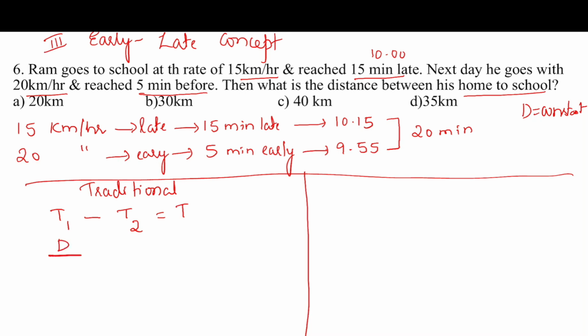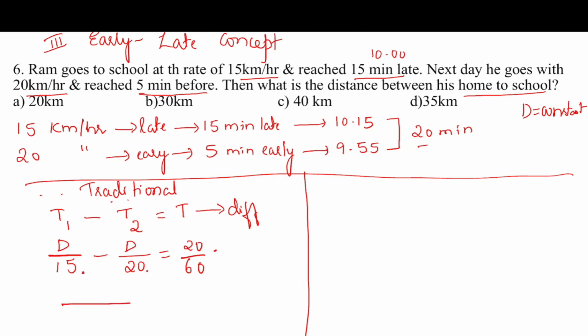So D divided by speed, that is 15 km per hour, minus the other trip where distance is the same but speed is 20 km per hour, and the difference between that time is how much? 20 minutes we got here. So 20 divided by 60, because this is the difference in time. Why divided by 60? Because it is in minutes, we'll convert it into hours, because speed is in km per hour, 15 km per hour, 20 km per hour. So this minutes also I want in hours, so 20 divided by 60.